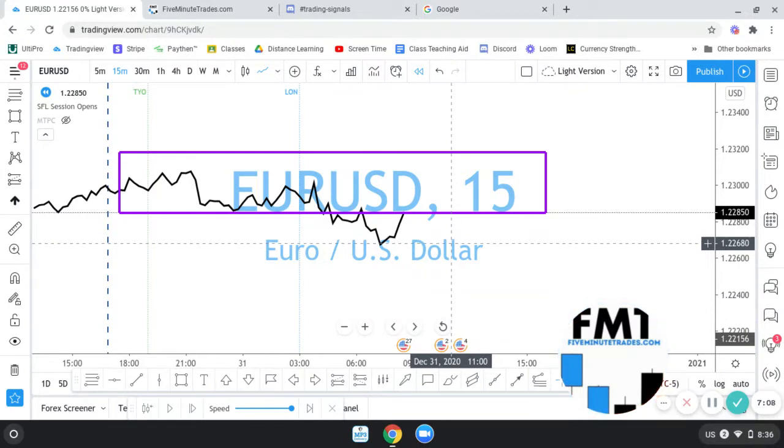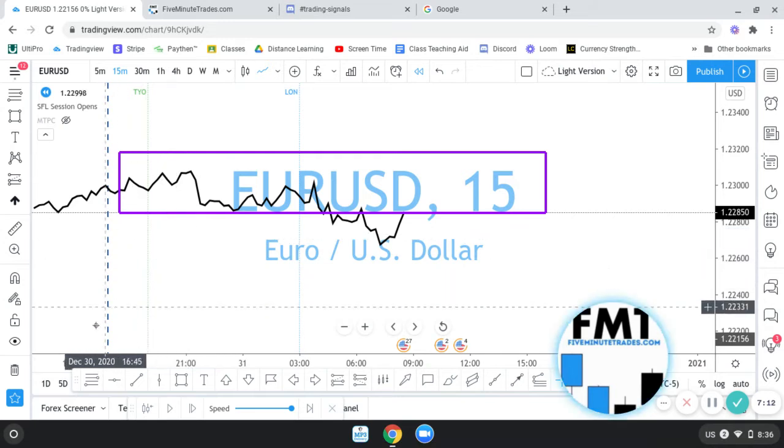What I like to do is go to my Fibonacci tool, and I have it saved here. But also, if you're on TradingView and you don't have it, for quick access you can find it here in this first section.